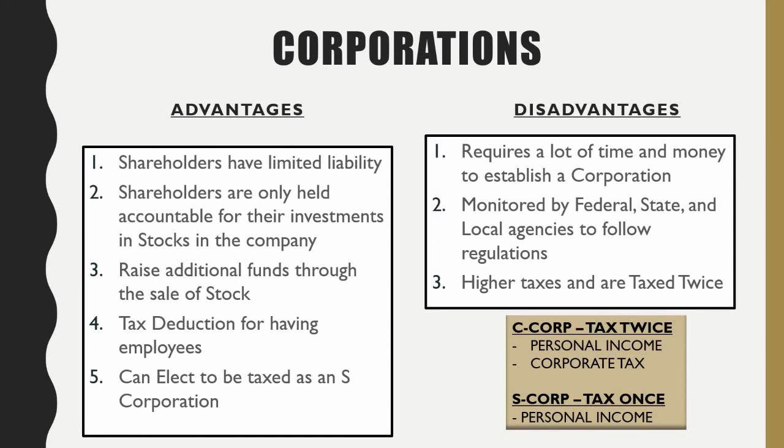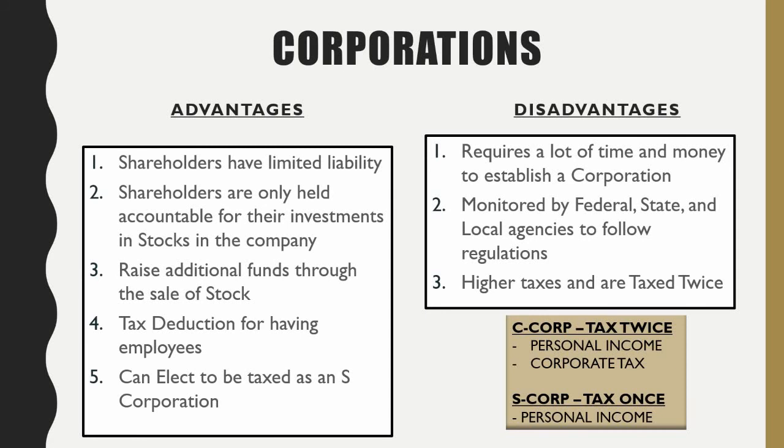So that's their form of how most companies have money to invest, by just releasing stocks and having people purchase them. All right. Again, tax deductions for having employees. So of course you get to take huge tax deductions for having employees.